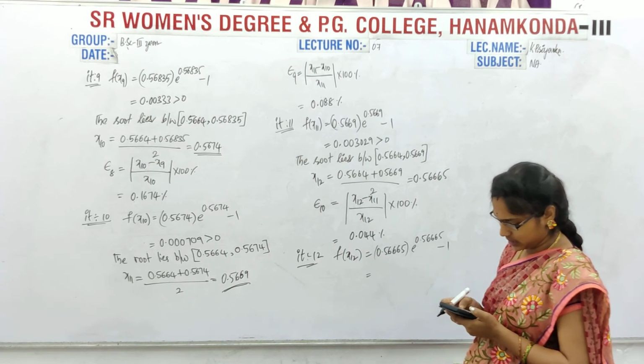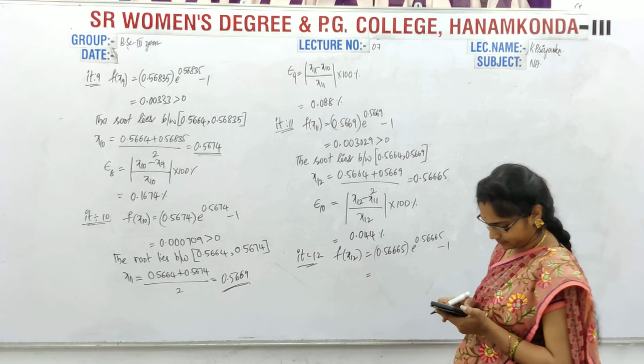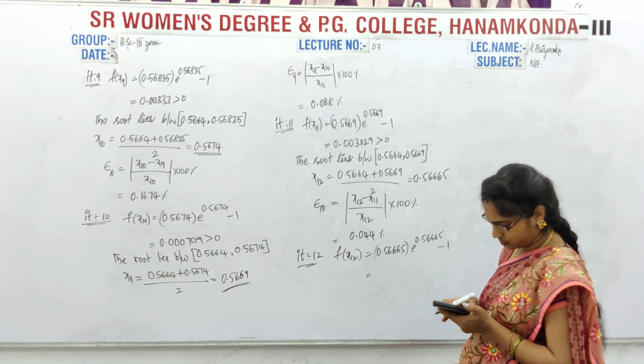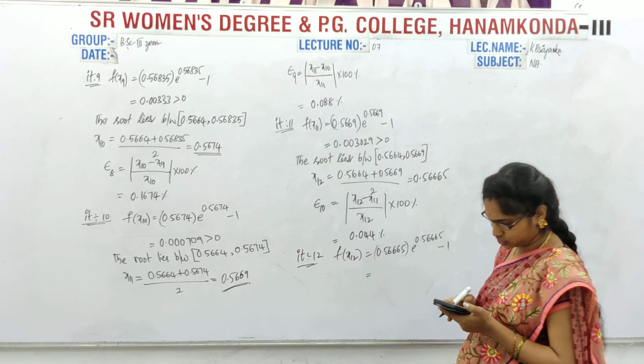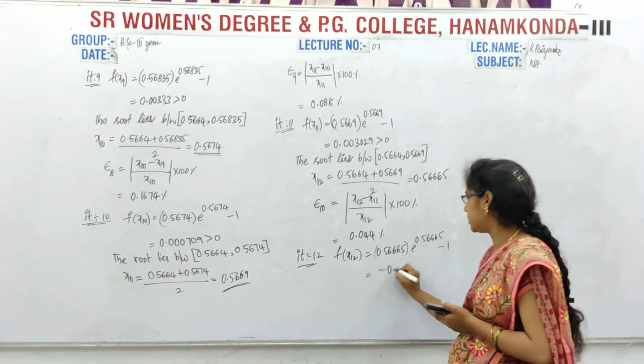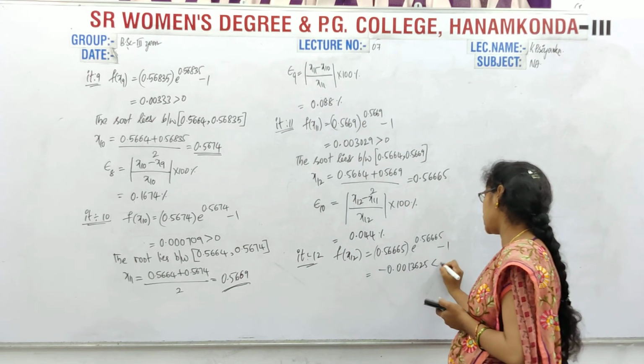Now e power 0.5665 into 0.5665 minus 1. Negative, 0.001365, which is negative.